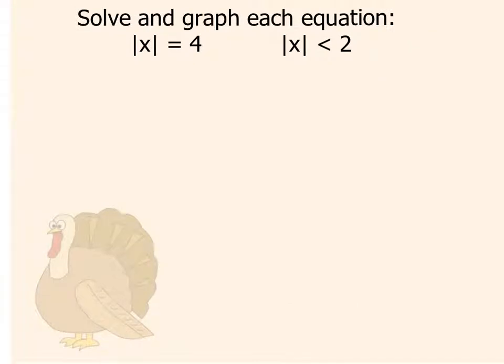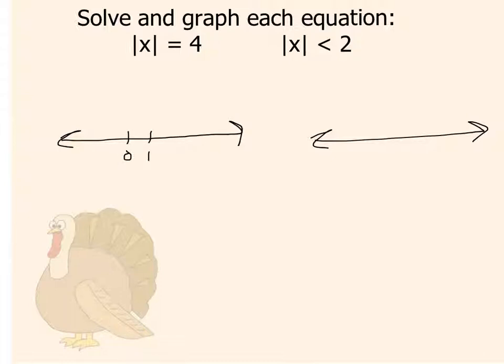All right, let's look at these, and as always, let's put these on a number line. All right, so I've got 1, 2, 3, I'll go up to 5. I'll have -1, -2.